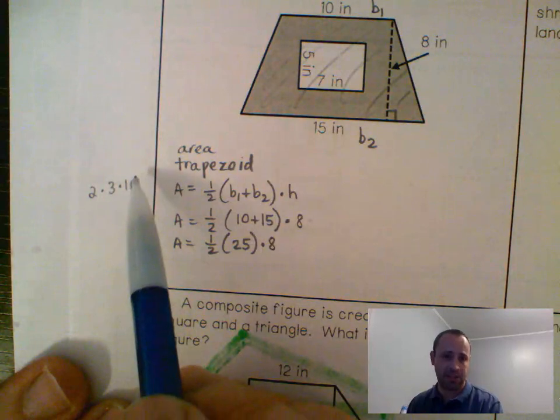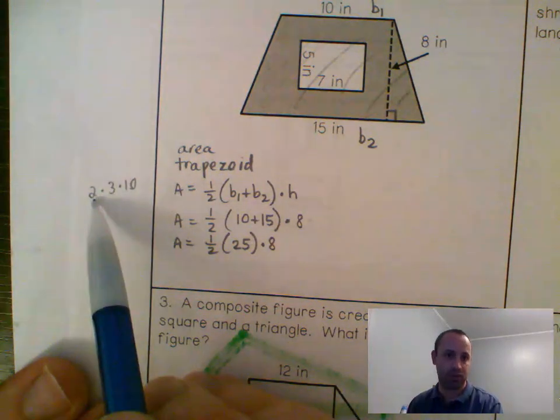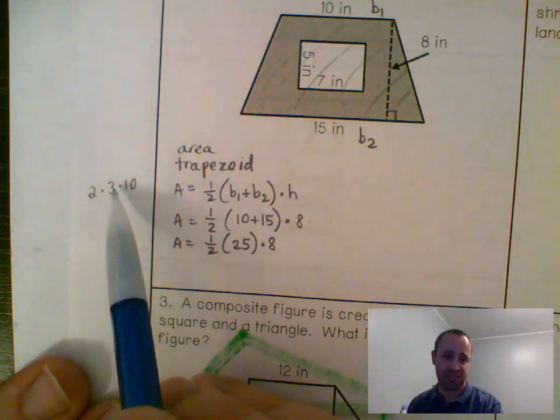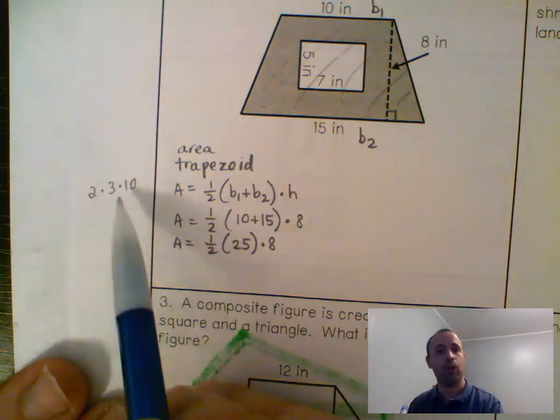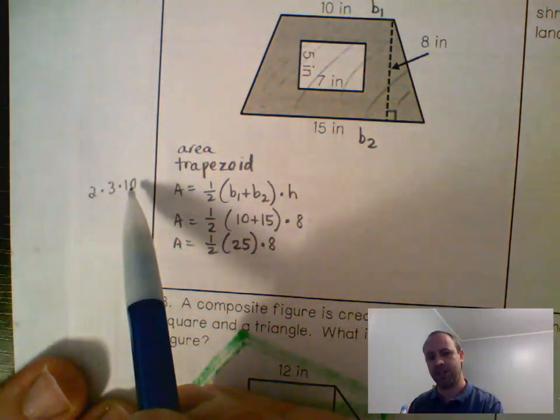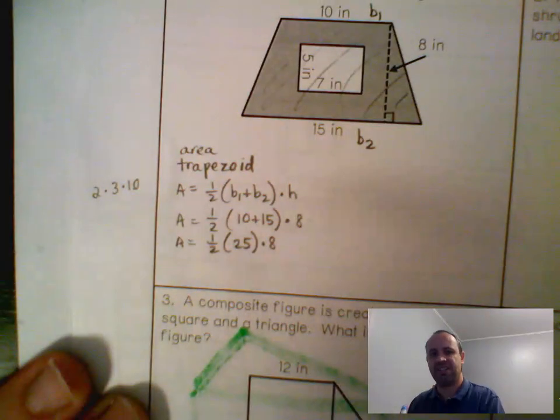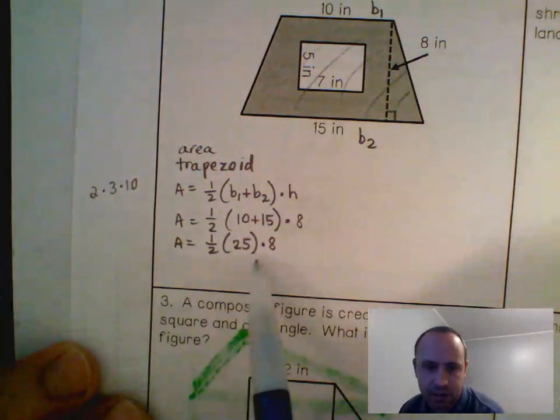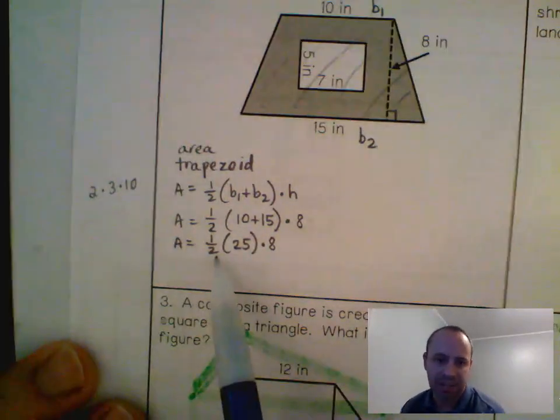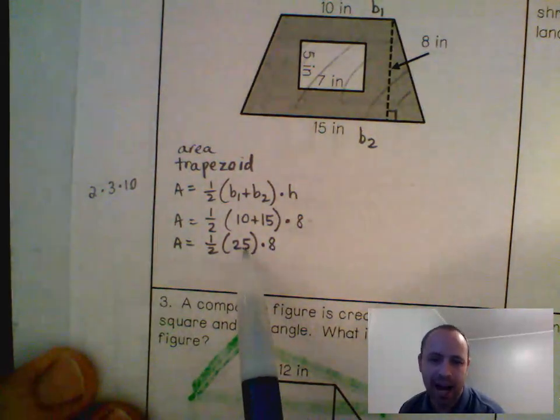So my answer is 60. Or if I do it this way, 10 times 2 is 20, times 3 is 60, so it's still 60. Or if I do it this way, 3 times 10 is 30, and 30 times 2 is 60, it's still 60. So I like to use that property here and say, okay, well, what's 1/2 of 25?